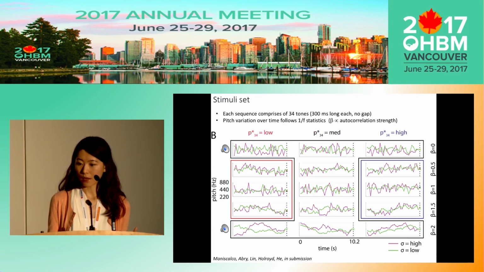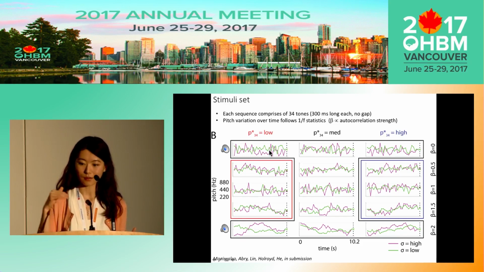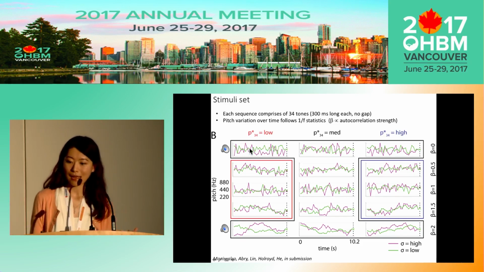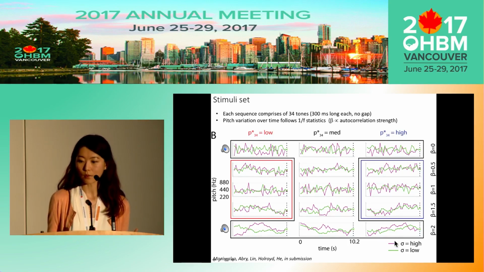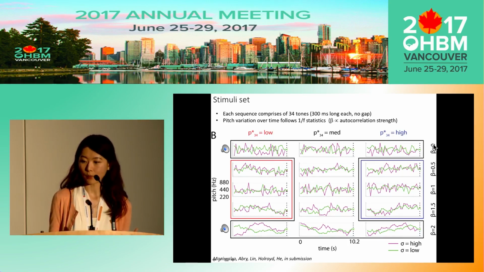So to look at this, we constructed auditory tone sequences that follow 1/f type of fluctuation. Each trace is a single tone sequence, and the y-axis is the pitch fluctuation over time. And these vary from white noise all the way to Brownian motion. So the power law exponent ranges from 0 to 2.